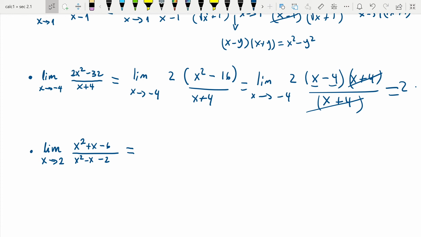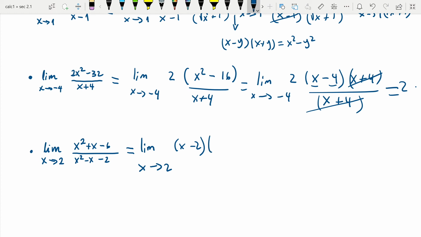Okay, so what do we do here? Well, whenever we have polynomials that vanish at a certain point, it means that we have a factor of x minus the root. So we can factor out an x minus 2 in the top and in the bottom.